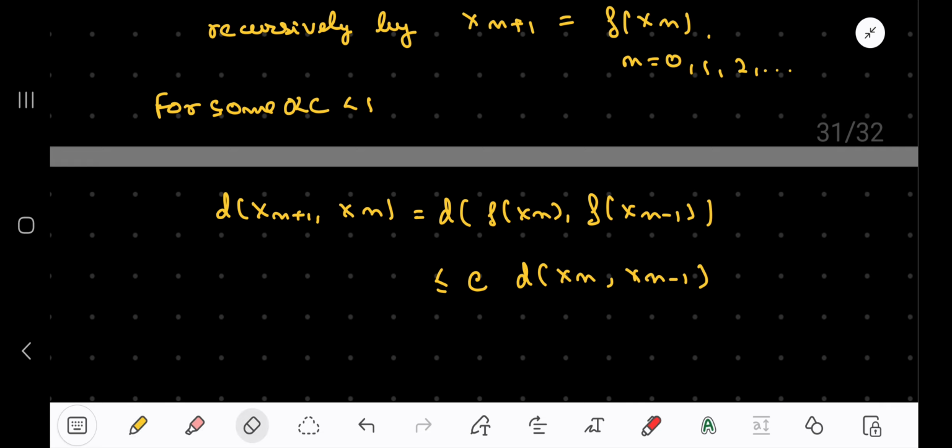Fine. We have made use of the fact that the sequence is defined recursively, and that we have a strict contraction.